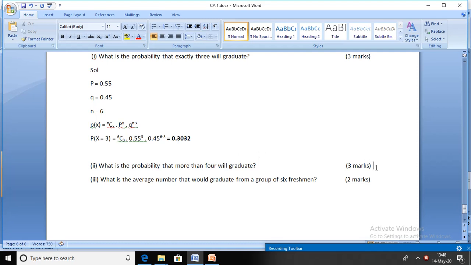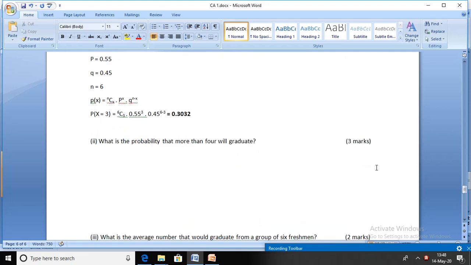Next question. What is the probability that more than 4 will graduate? Look at the sample size that we have here. The sample size is just 6. So more than 4 means the probability of 5 or the probability of 6 graduating.